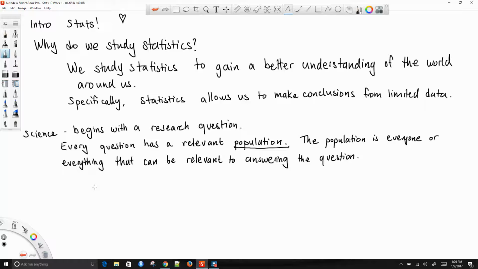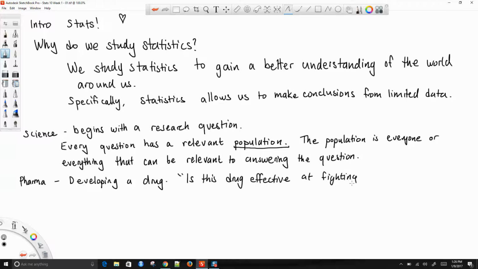So let's say you're developing a drug, and you have this question: is this drug effective at, we'll just say, fighting lung cancer?